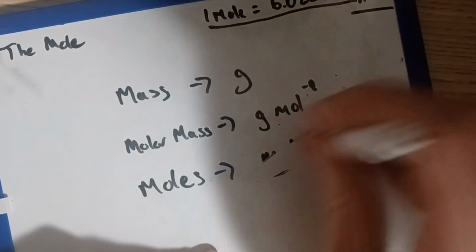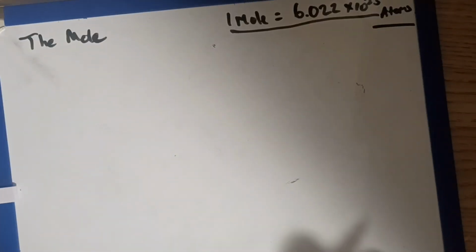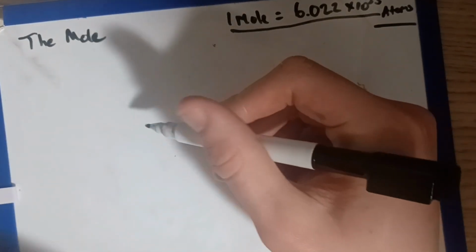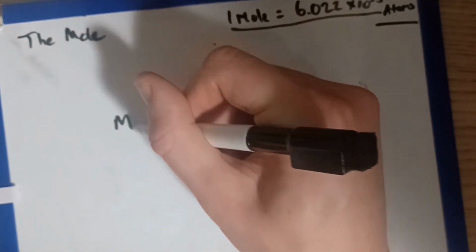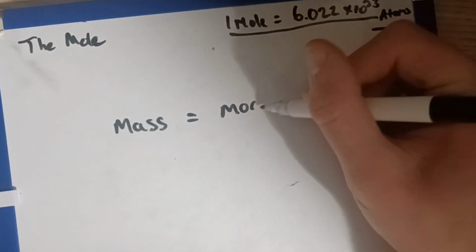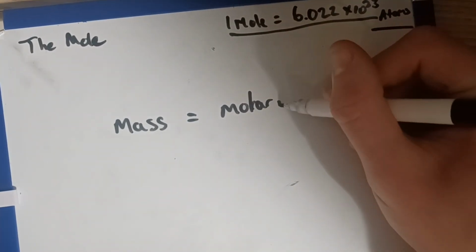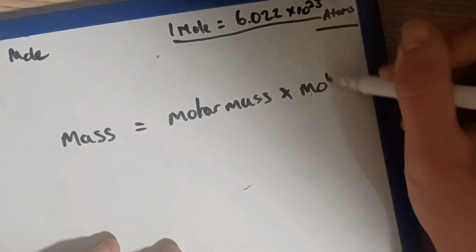So to link this, I like to remember a little triangle, simply because we might end up having a fraction. I'm going to spoil it. We do end up having a fraction. So the one we are taught is mass equals molar mass times mole.